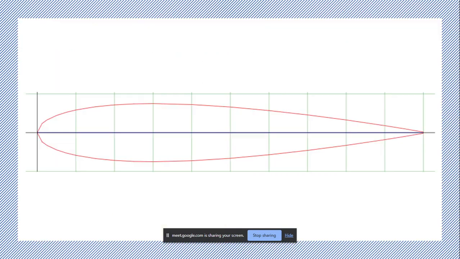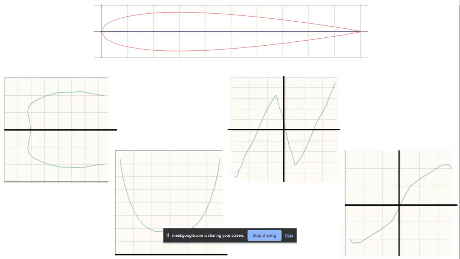Now let's look at a simpler case of a symmetric airfoil. This should be easier to do now that we have done the cambered airfoil. Just look at the graphs, try telling me which is which. Just remember the points that we had seen in the previous case. Fourth one is CM versus alpha.